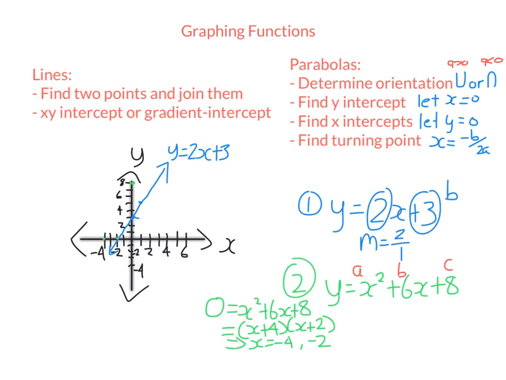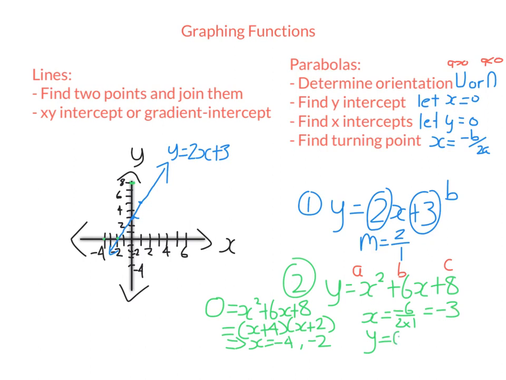To find the turning point, x equals minus b over 2a. In this case, b is the number in front of x, a is 1, so x equals minus 3. That's the x-coordinate of the turning point. But a point needs a y-coordinate. To find the y-coordinate, we simply substitute that into our original equation. Take minus 3 and put it in here.